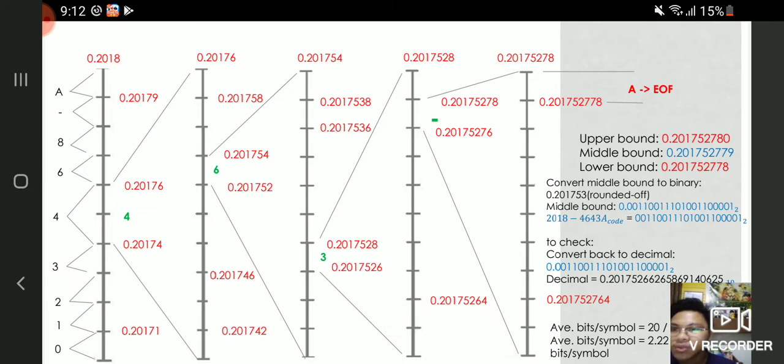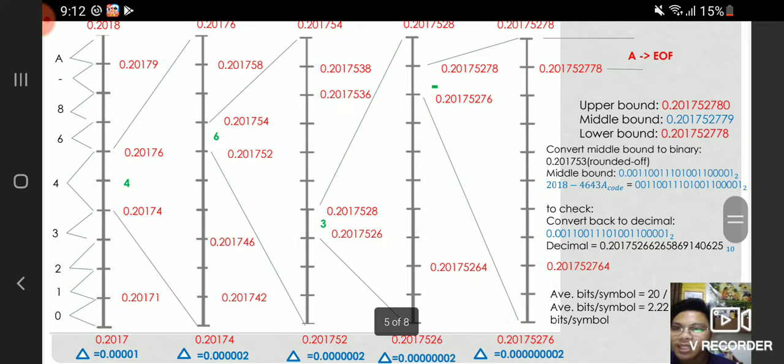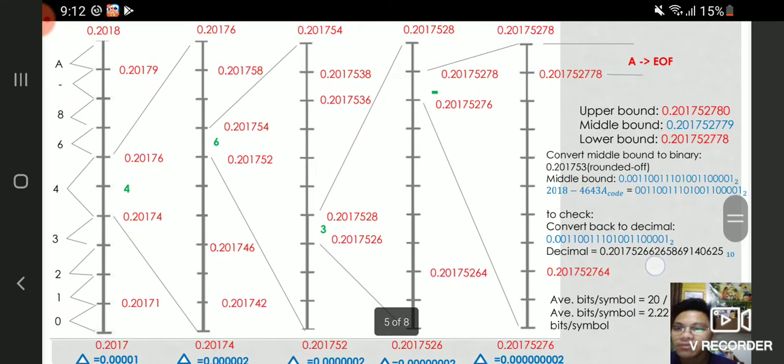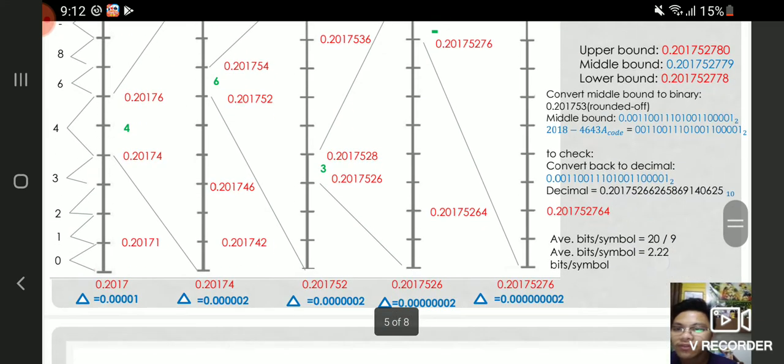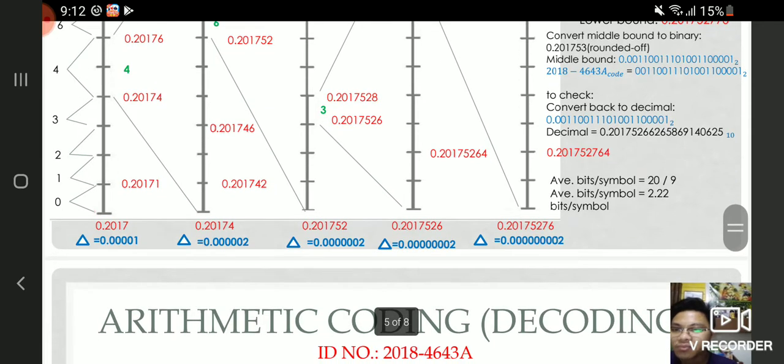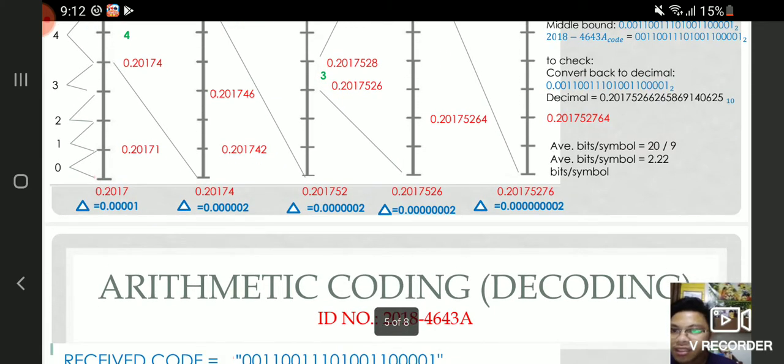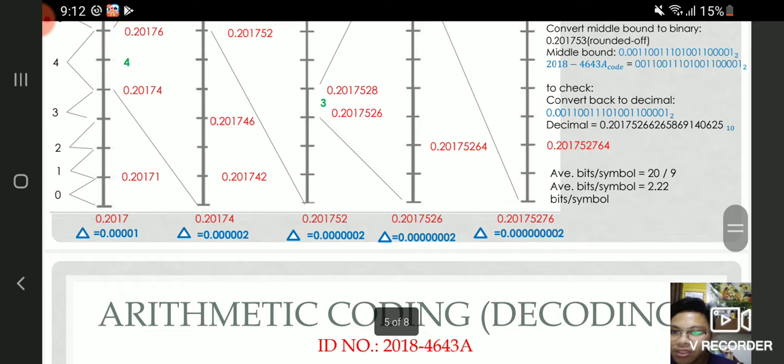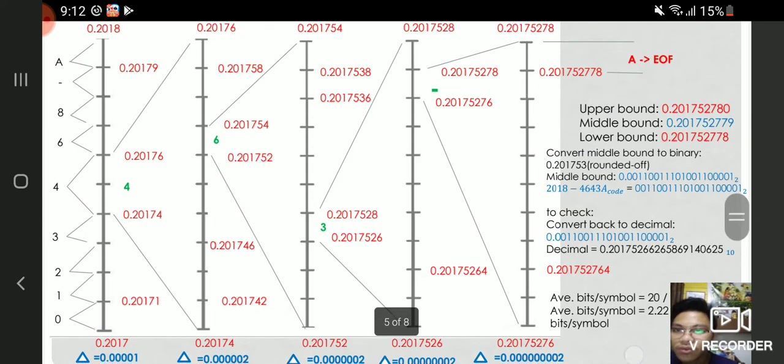Then locate the probability graph of 6 using the probability graph of 4, and the 6 here is aligned between 0.21754 and 0.21752. Expanding it will become the upper bound and the lower bound of this graph. And we have the step value here, which is 0.000002.